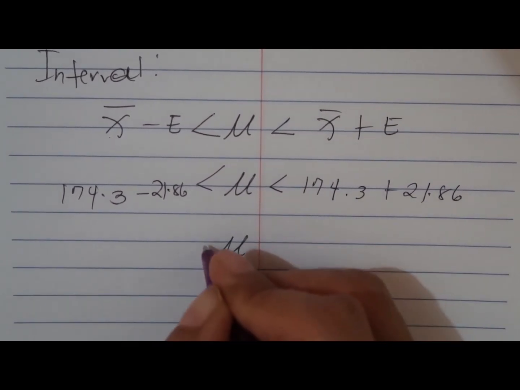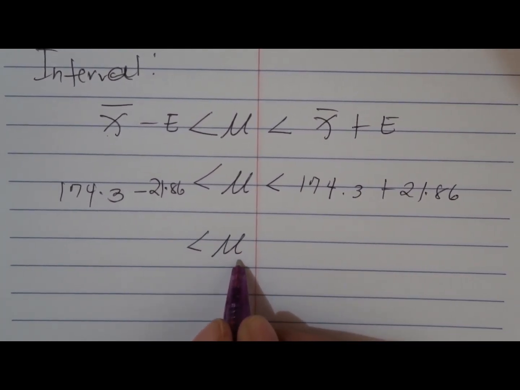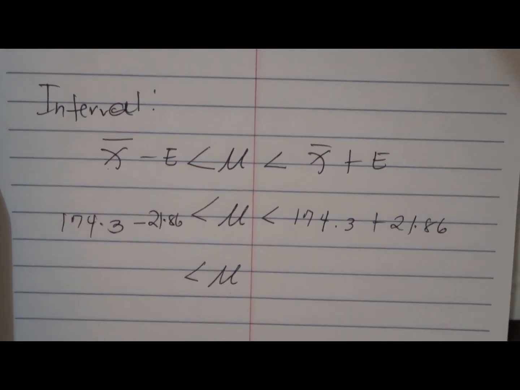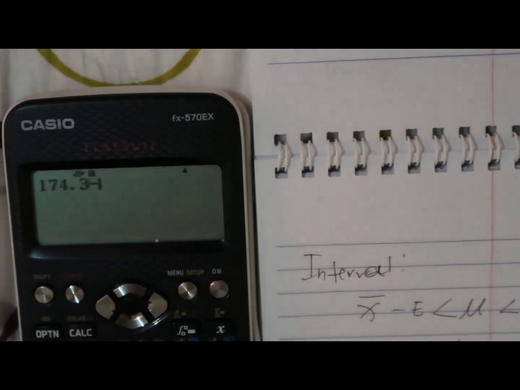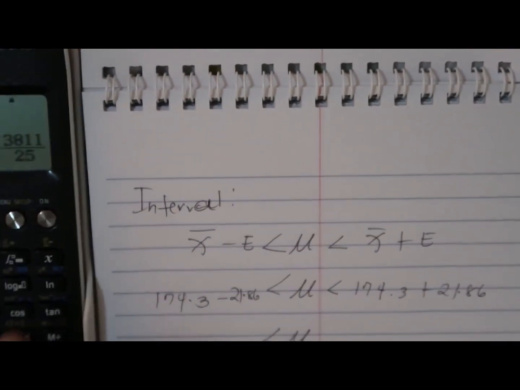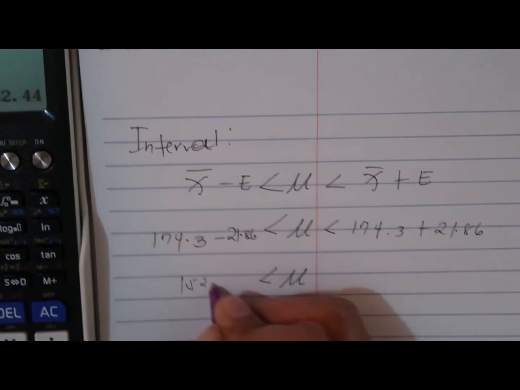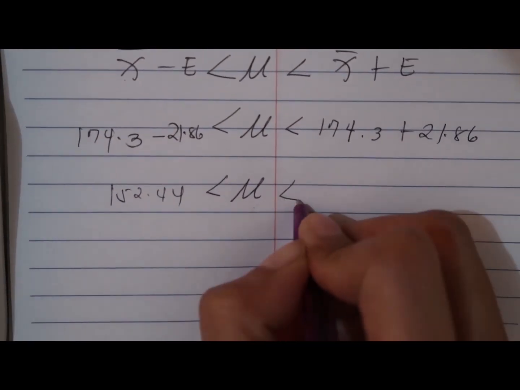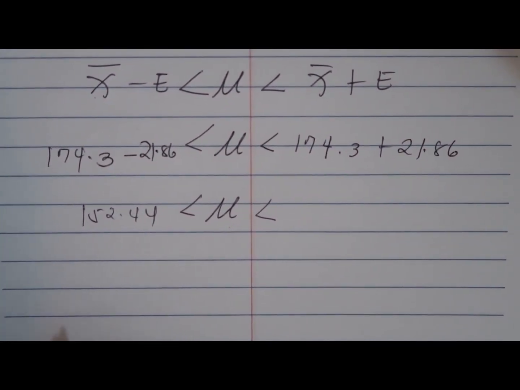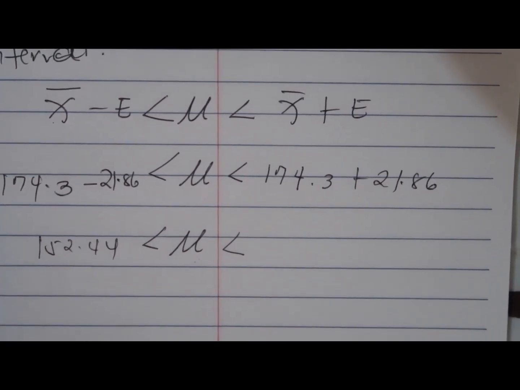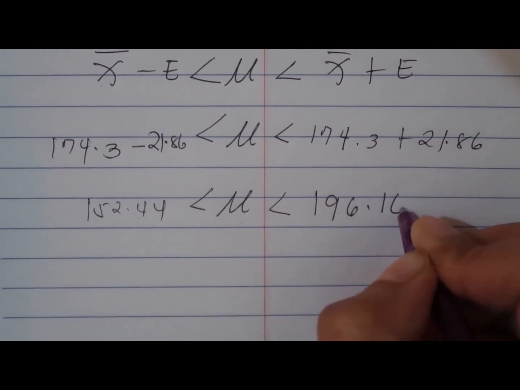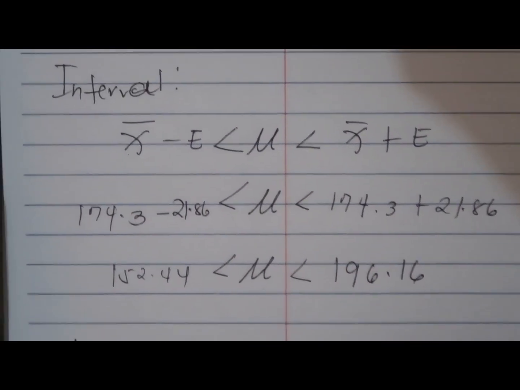So mu is greater than 174.3 minus 21.86, so that will be 152.44, but less than 174.3 plus 21.86, that will be 196.16.